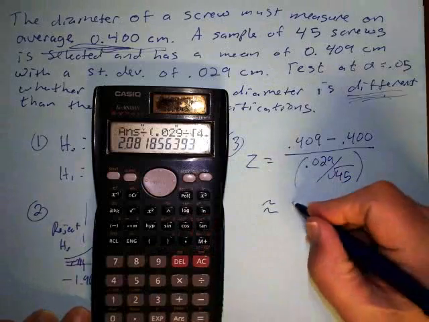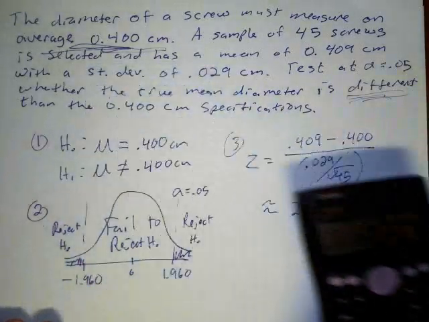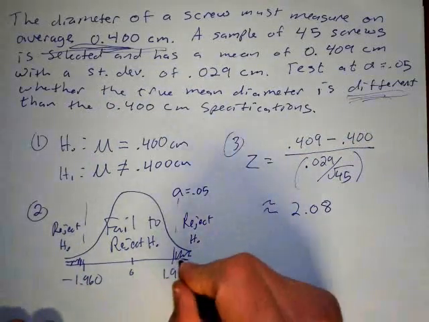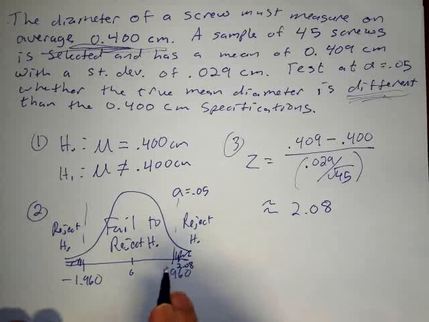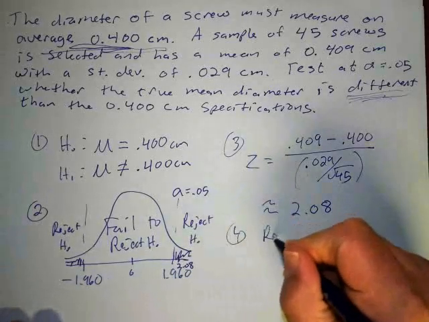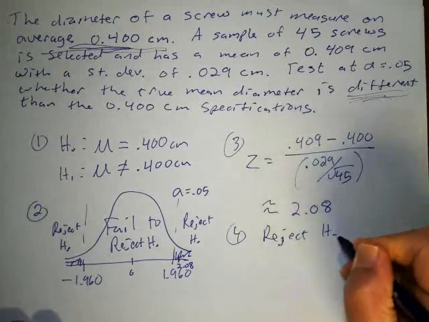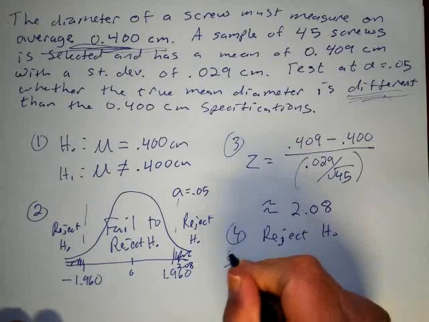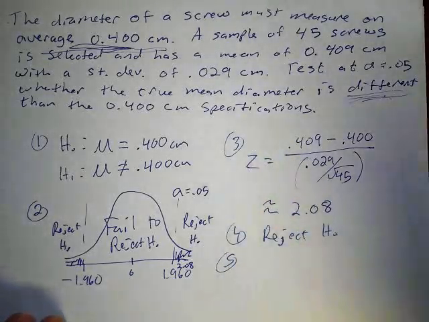And I get 2.08. And so comparing that with my rejection region, that's actually in the rejection region this time. It just made it over. So I'm going to reject H naught.